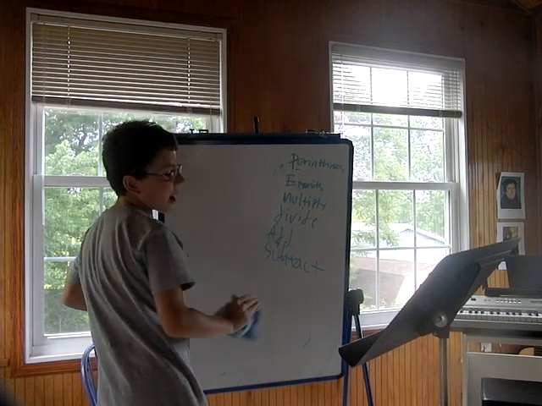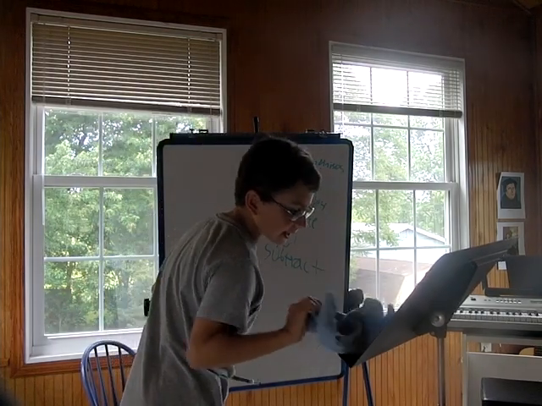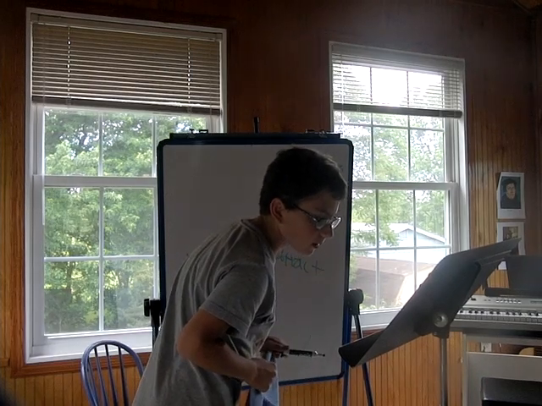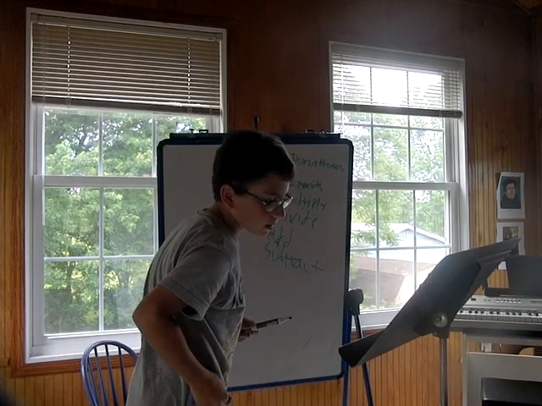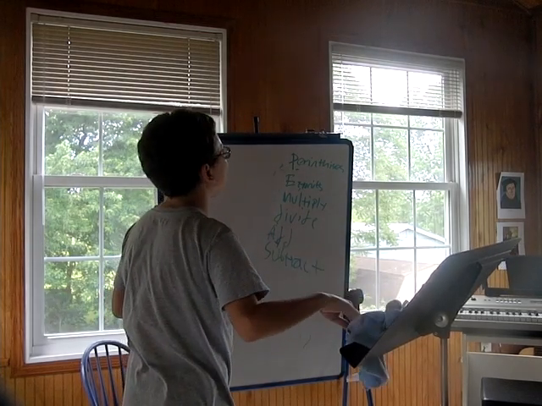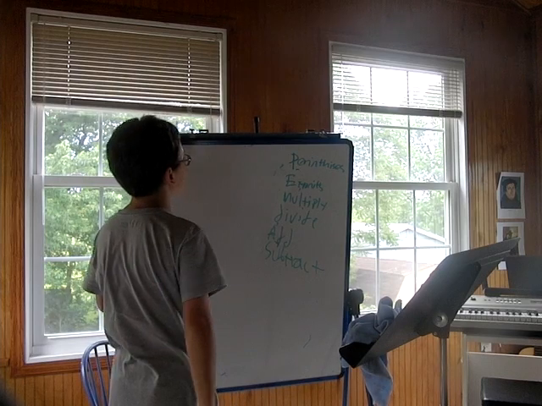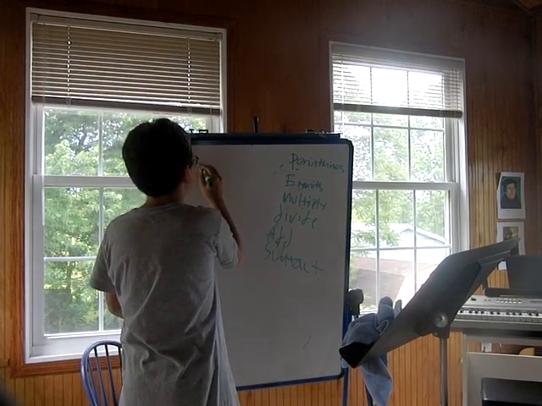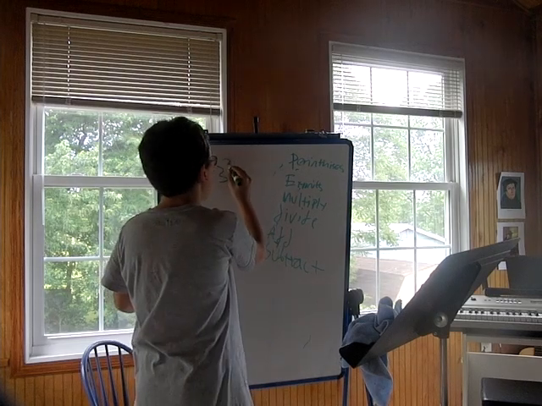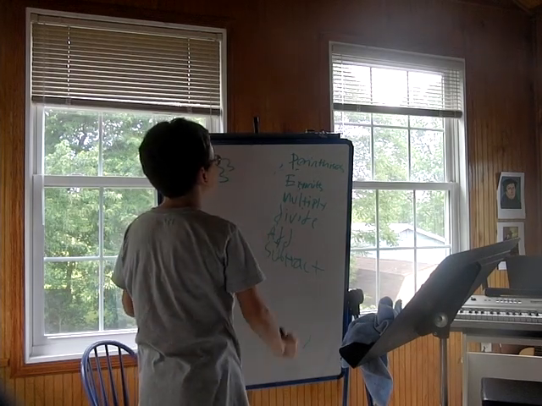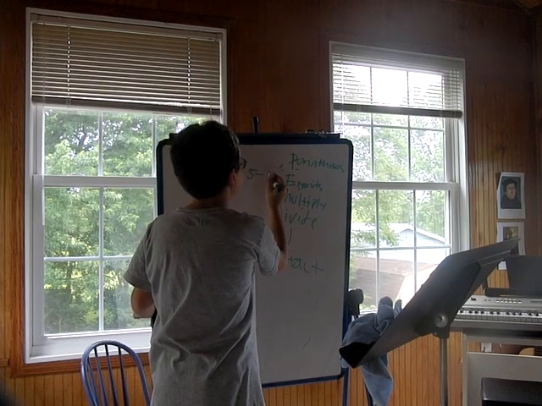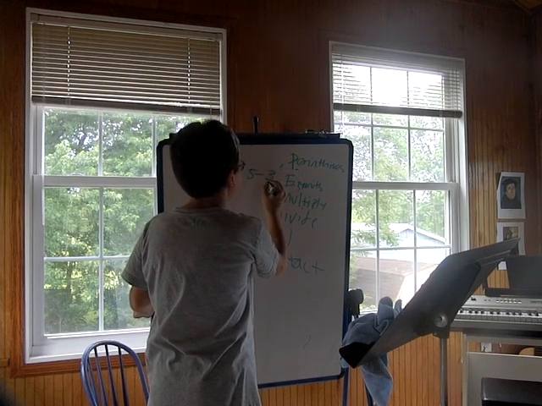Now this is one that uses exponents. Let's see, do I have any with exponents here? No, I don't. So let's see. So now what we need to do is 5 times 3 to the 3rd power, then we need to do 5 minus 3.